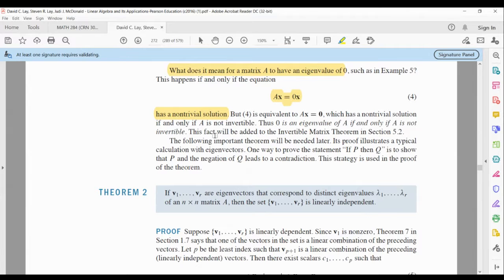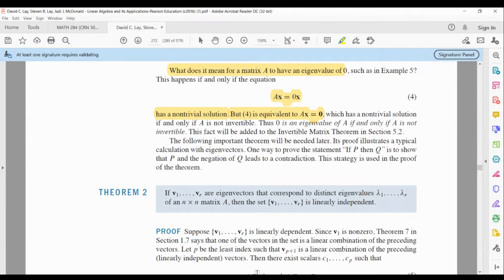If you take A times X equals 0x, that is a vector equation, and the vector X has a non-trivial solution, then 0 would be an eigenvalue. But remember, equation 4 above is equivalent to A times X equals 0. And that would only have a non-trivial solution if and only if A is not invertible. Okay, we can employ the invertible matrix theorem from section 2.3. Remember that?